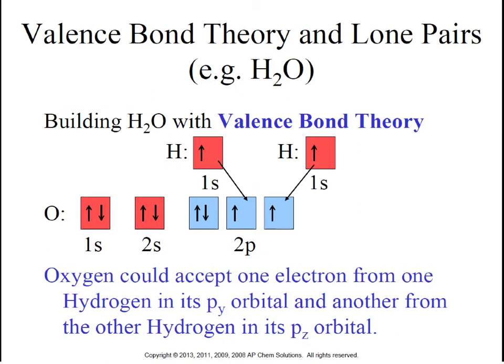So let's build water with the valence bond theory. Valence bond theory, that's the first one, the one that doesn't quite work, where they're just sharing on the outside, overlapping thing. So if we share hydrogens with oxygen, well, it looks like it makes sense. It has those 2 empty spots on oxygen, gives us some H2O.